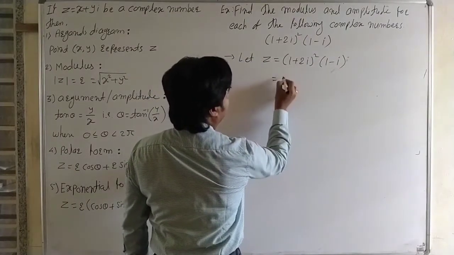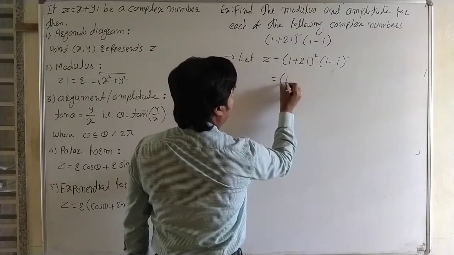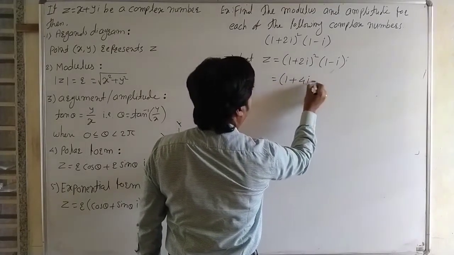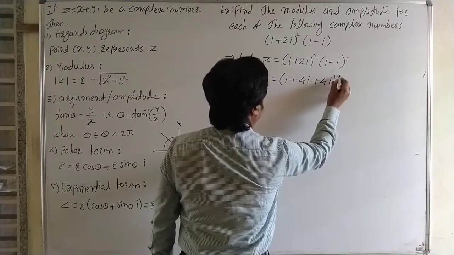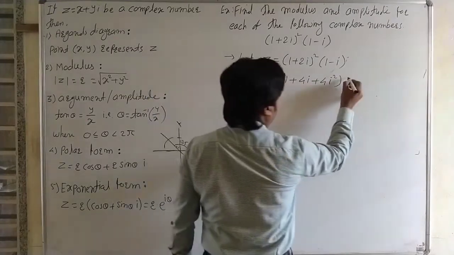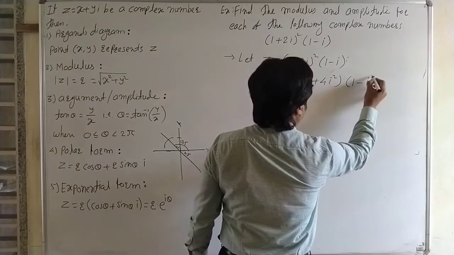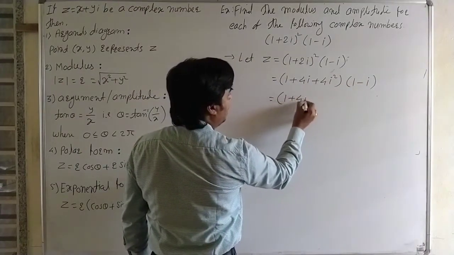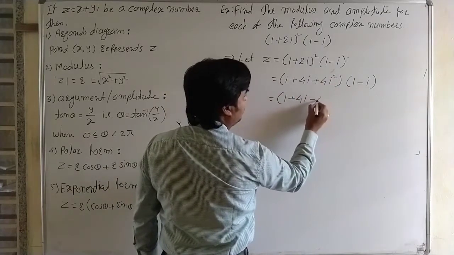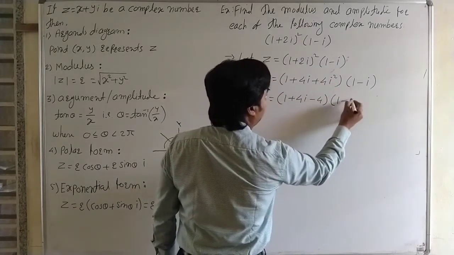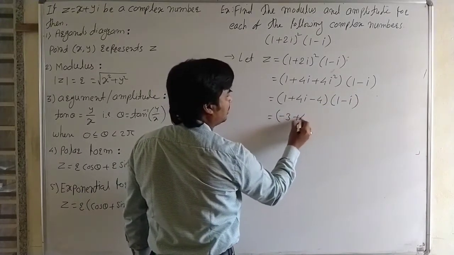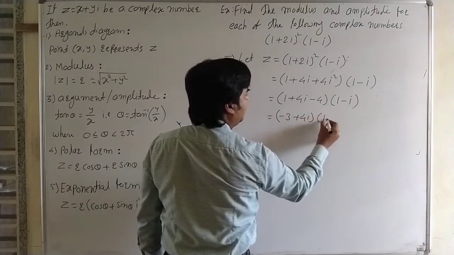Here the whole square is 1 plus 4i plus 4i square, a plus b whole square, and 1 minus i as it is. Now 1 plus 4i, and i square is -1, therefore it is -4, into 1 minus i. Then it is -3 plus 4i into 1 minus i.